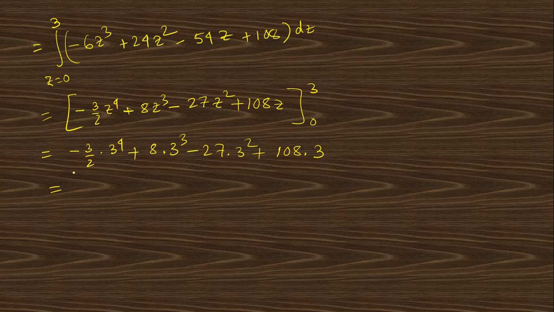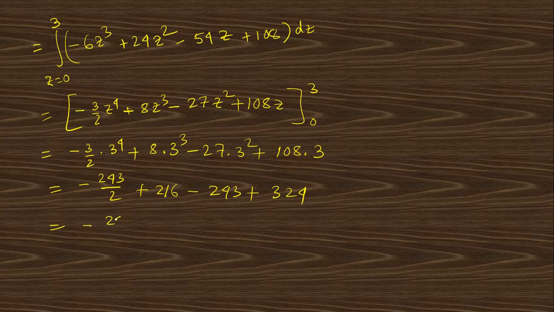So 3 to the power 5 means 243 by 2, plus 3 cube means 27 into 8, that is 216, minus 27 into 3 square, 9, that is 243, plus 108 into 3, that is 324. So 324 minus 243 plus 216 gives you 297.